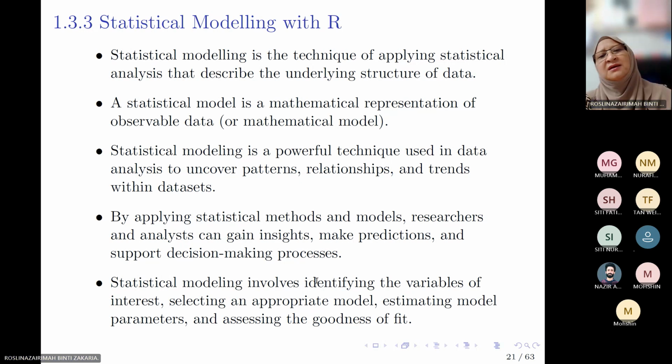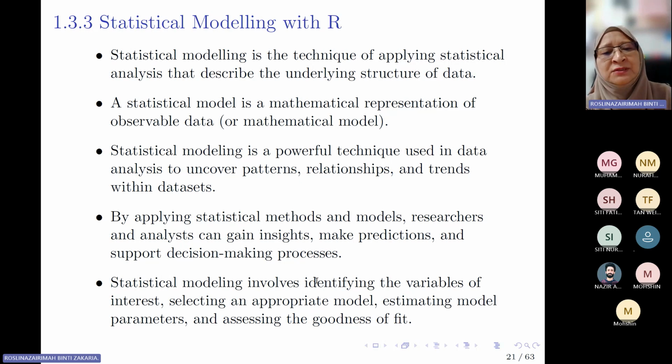In other words, to get the insight of the data. Dia kata, by applying statistical methods and models, researchers and analysts can gain insight, make predictions and support decision-making process. So your decision is not purely on your intuition. It is based on the data, or it is called data-driven decision making.